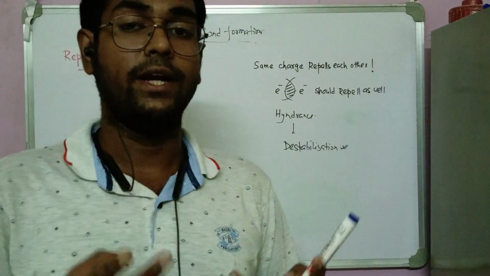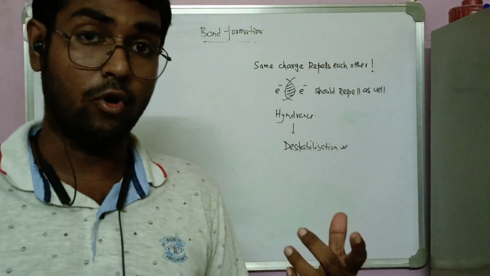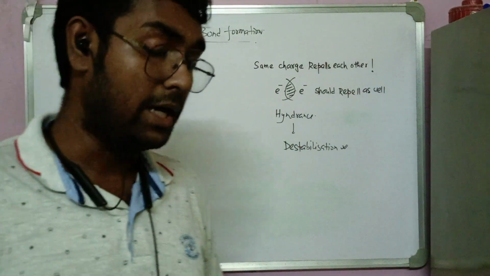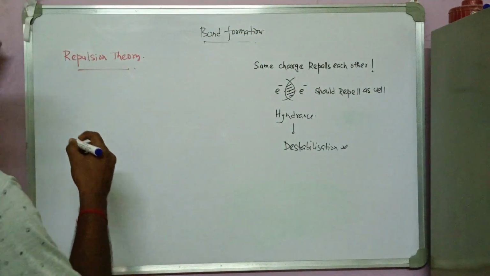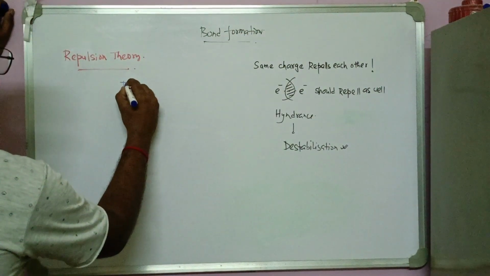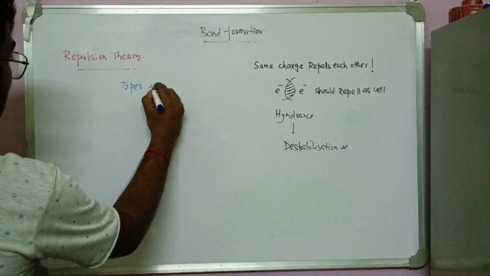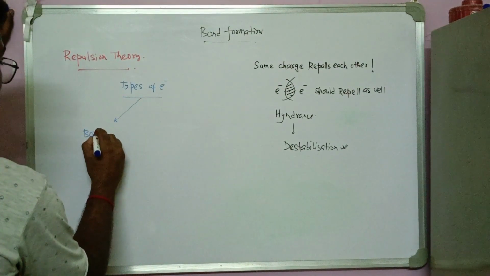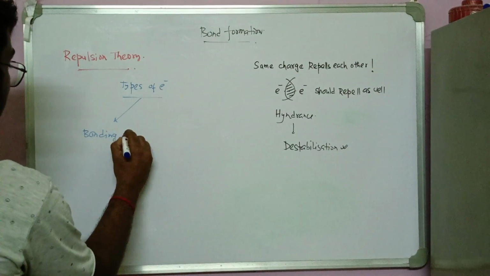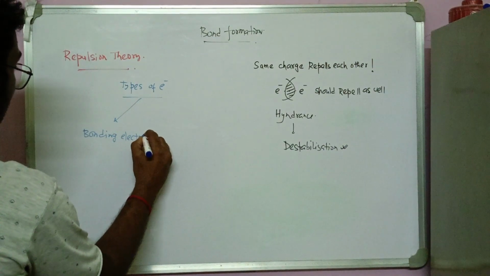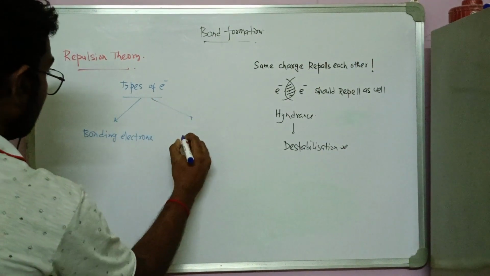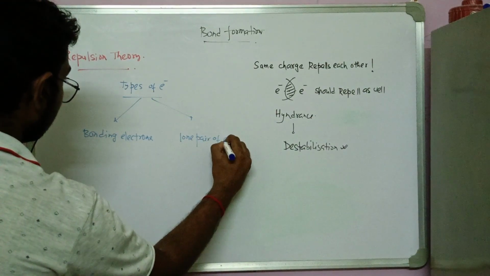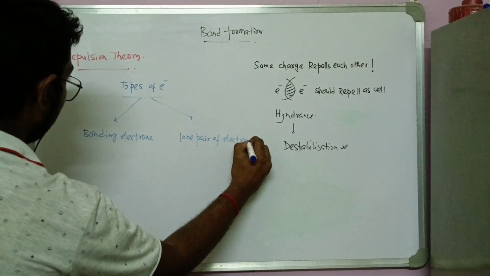So there are two kinds of electrons we know. One is the bonding electrons and another one is lone pair, which doesn't participate in bonding. Why are these called lone pairs?